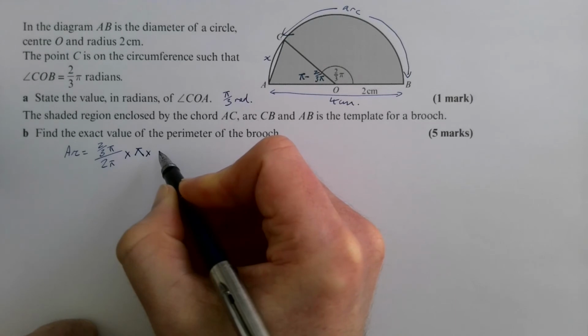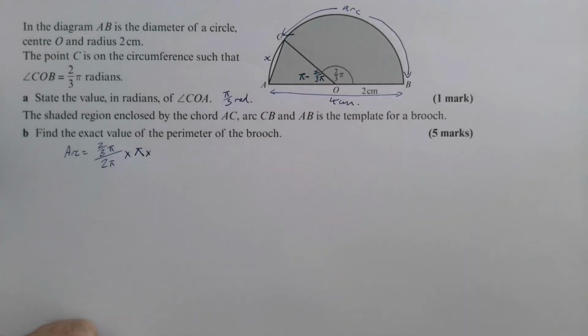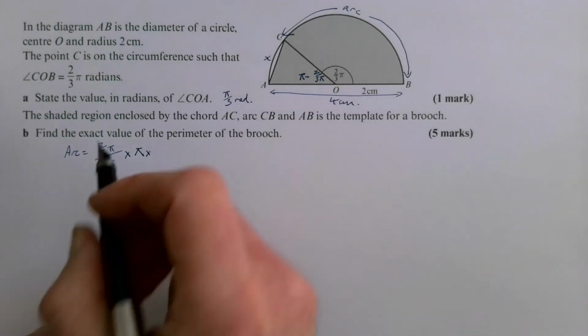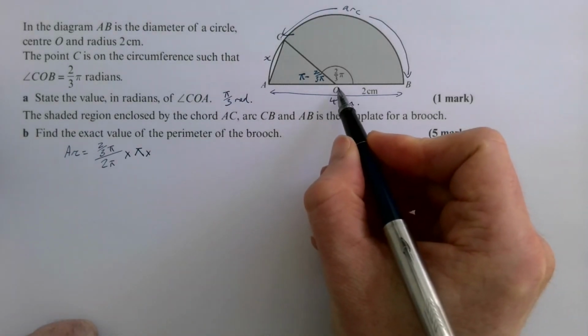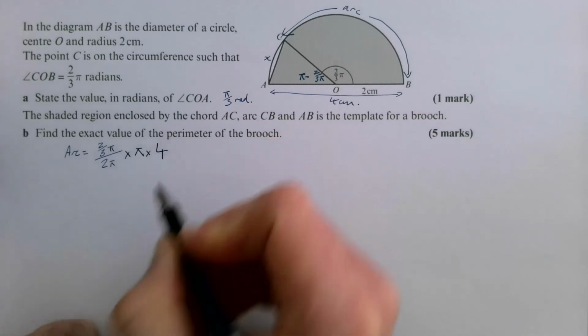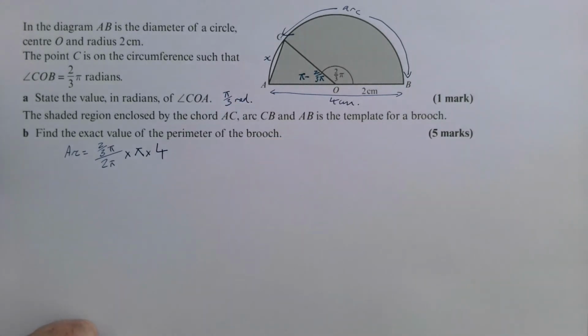Hang on, what have I done wrong there? I've got carried away, haven't I? No, I haven't, because you've got that pi in there. That's all okay. So we've got the diameter that we need, not the radius, so that'll be times by 4. Sort all of that out.